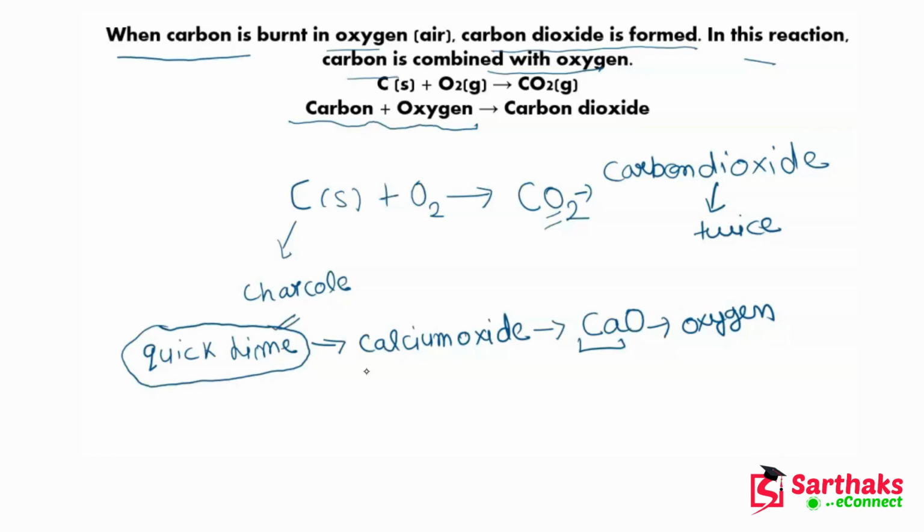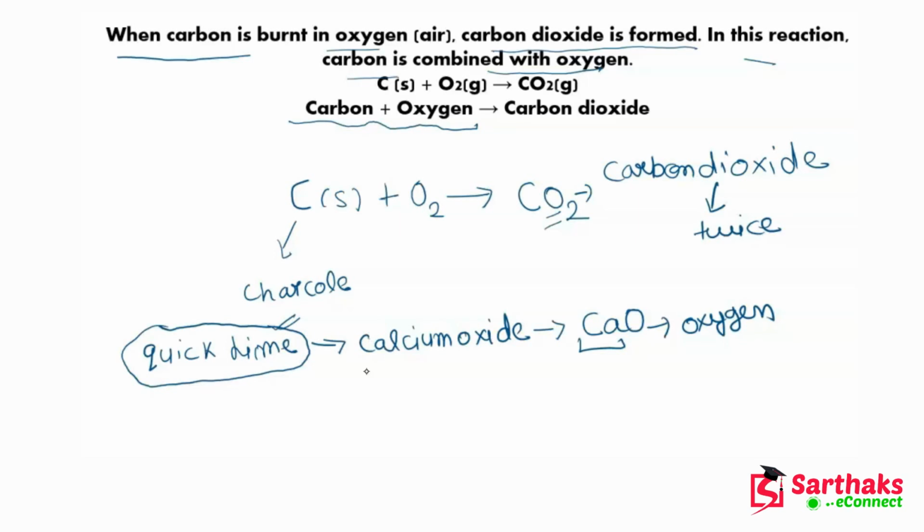So we should know the meaning of quicklime, that this is a famous name for CaO, meaning calcium oxide. So you should know the famous names of the compounds. As we move ahead, I will keep telling you the famous names of the substances, so that you will not face any difficulties while solving questions.